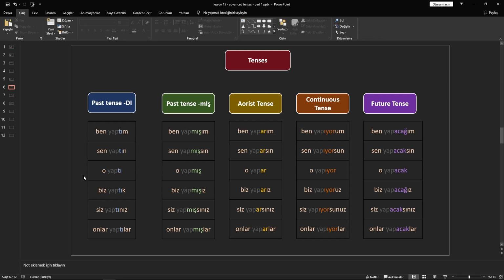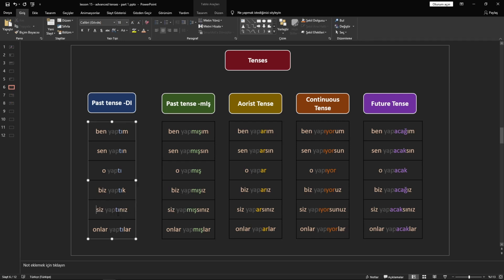This is the default order, by the way, from the past, mış, to aorist, continuous, and future. This is how you can say I did, you did, he did, we did, you guys did, or you, sir, did. This siz is formal you.